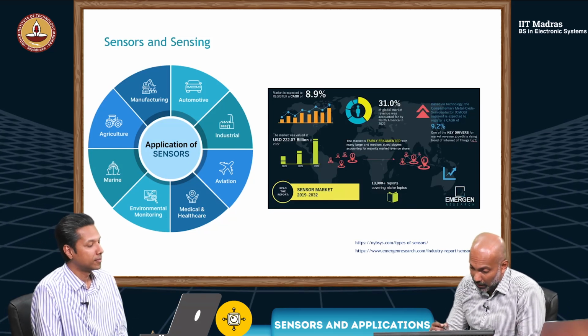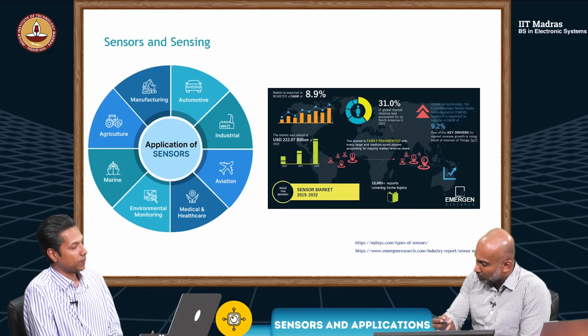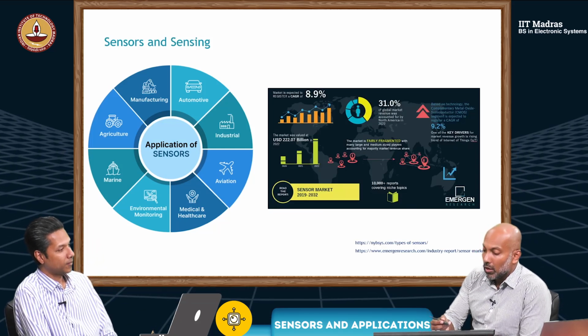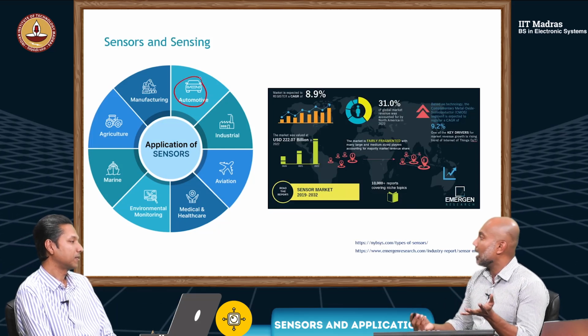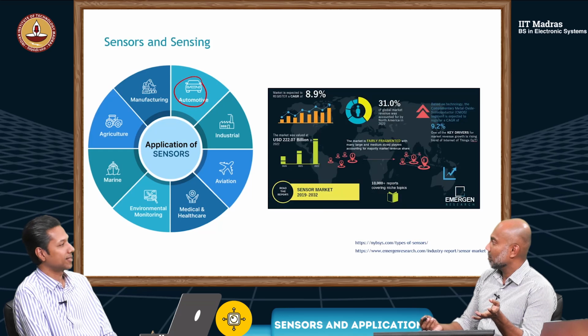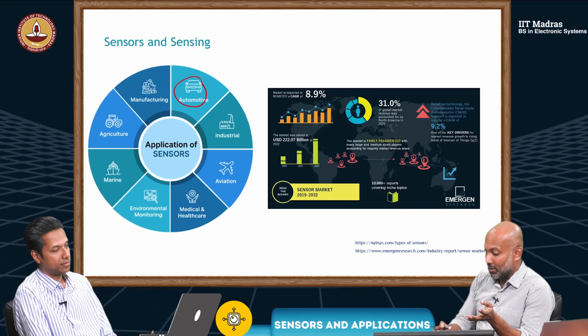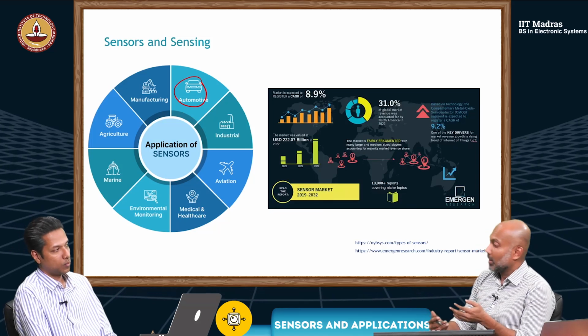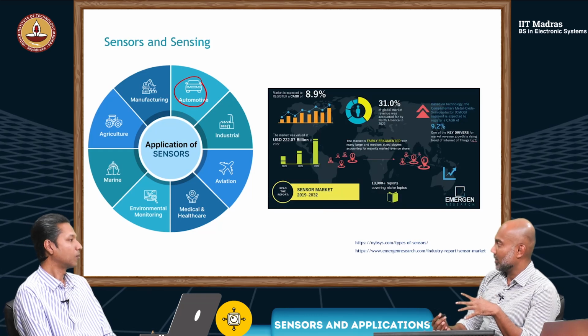Look at automotive, for example: our cars have a lot of different sensors. And if you look at agriculture or environmental monitoring, all these different sectors have a lot of sensors.